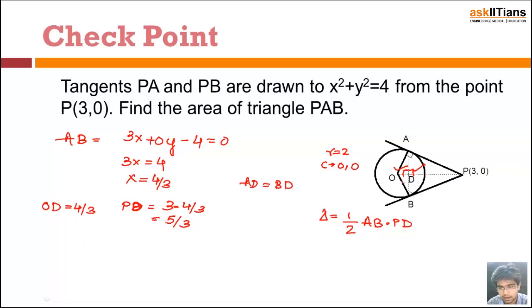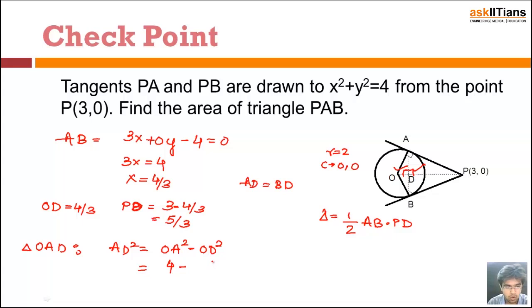Now in the triangle OAD, it's a right angle triangle. So I can say that AD square by Pythagoras theorem is equal to OA square minus OD square. OA is nothing but the radius, that means 4, minus OD square.